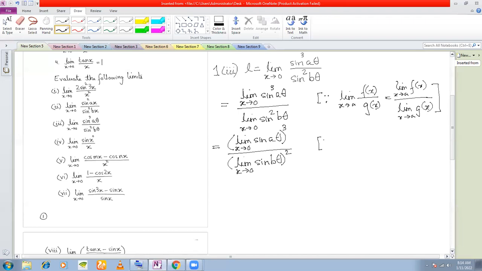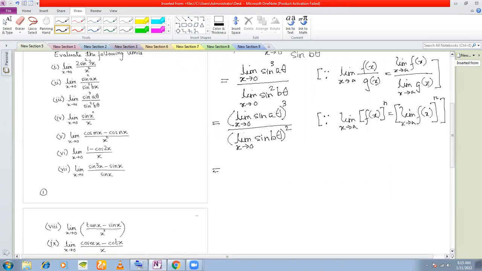And why is this possible? Because you know that limit x tends to a f(x) to the power of n is equal to limit x tends to a f(x) whole to the power of n, isn't it? From the theorem that I had given you.